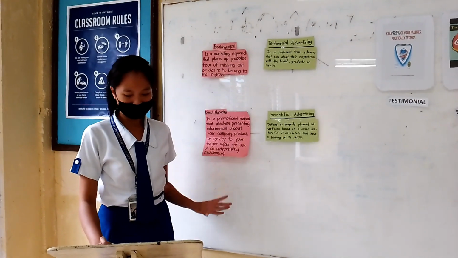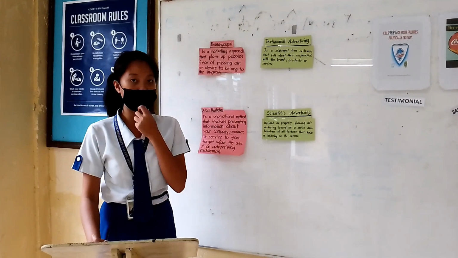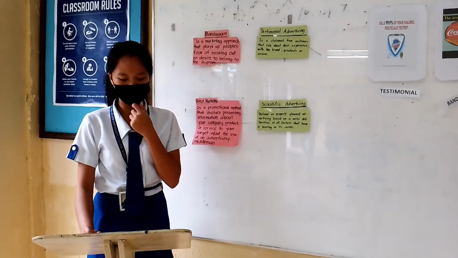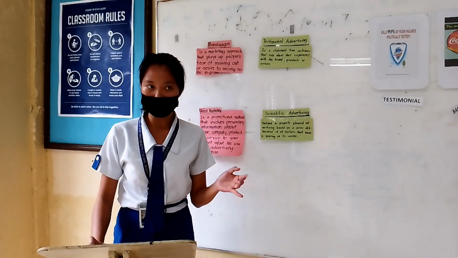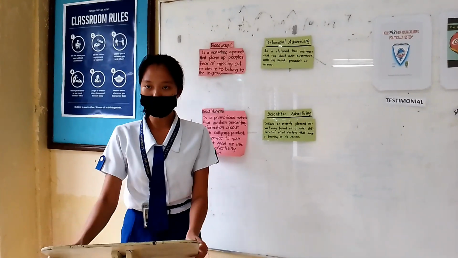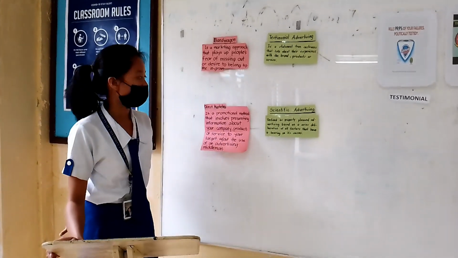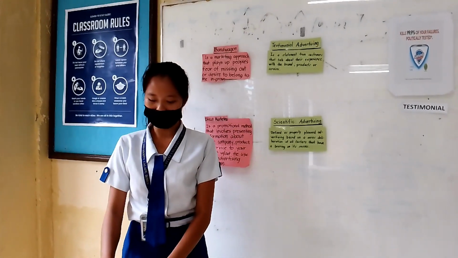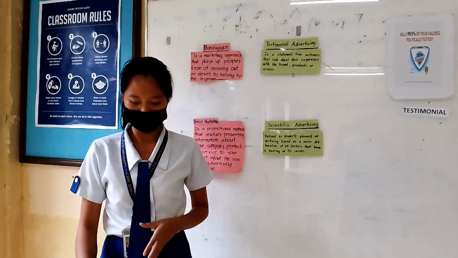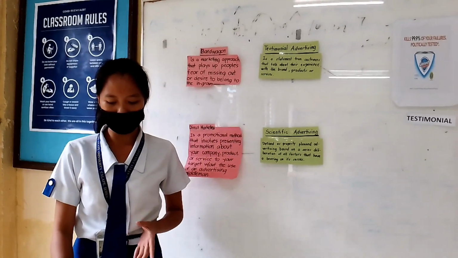Advertising techniques are methods that marketers use to attract attention to a product. These techniques are adopted by marketers to inform, to persuade, and to remind people about their products and services. Actually, there are many advertising techniques emerging nowadays, but this time we'll be focusing only on four types.